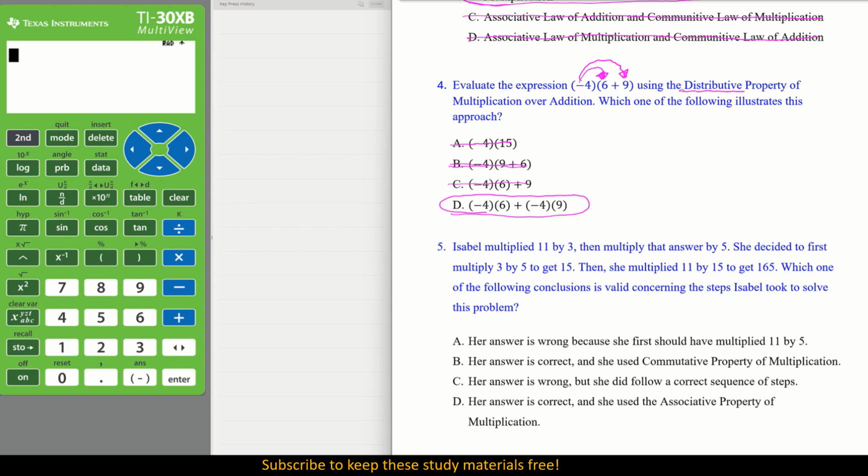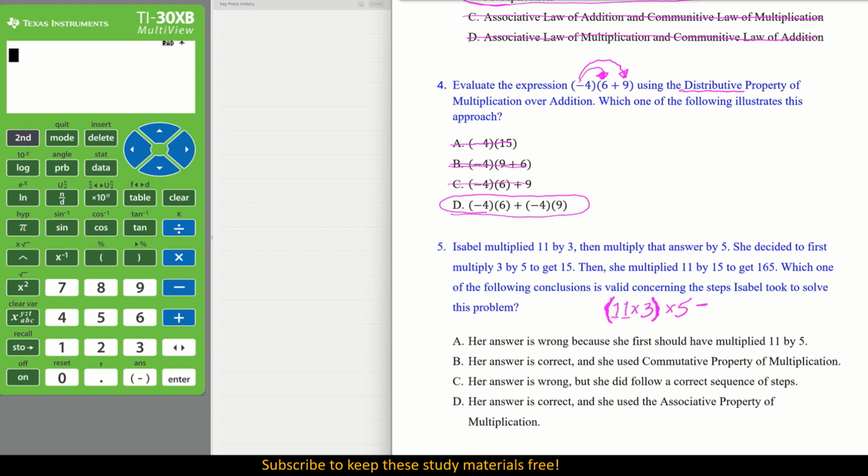Okay, so basically what Isabel did was she tried it two different ways. Well, what were the ways she tried it? Well, first she multiplied 11 by the 3, okay? And we'll pretend like I can write with this pen. Then she multiplied all of that times the 5.